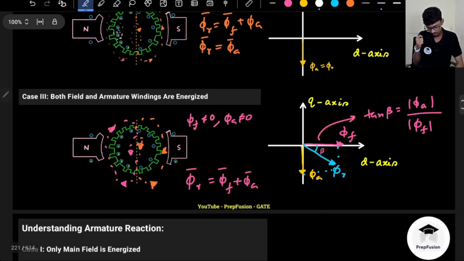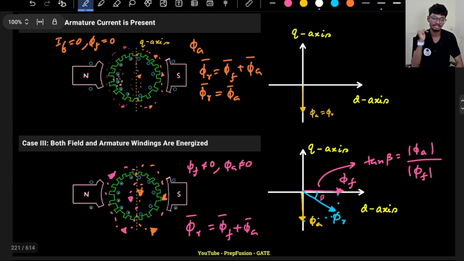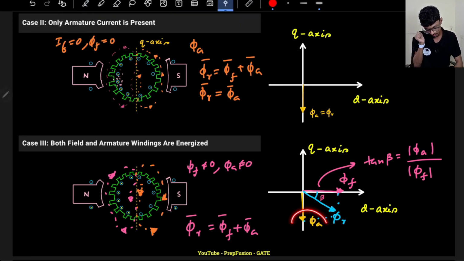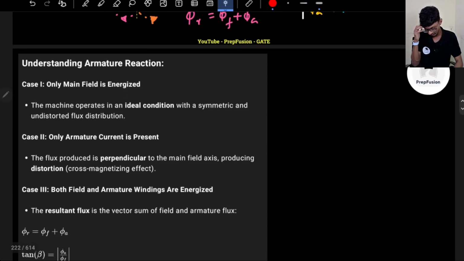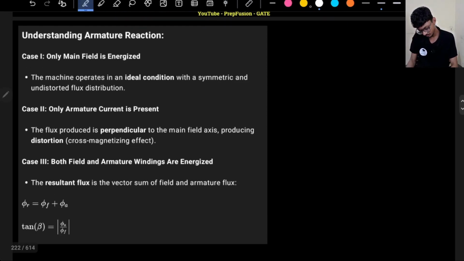Got it? Now the important factor: if the armature reaction increases, then what will happen? The phi a will increase, then the angle by which the resultant flux will shift will increase.